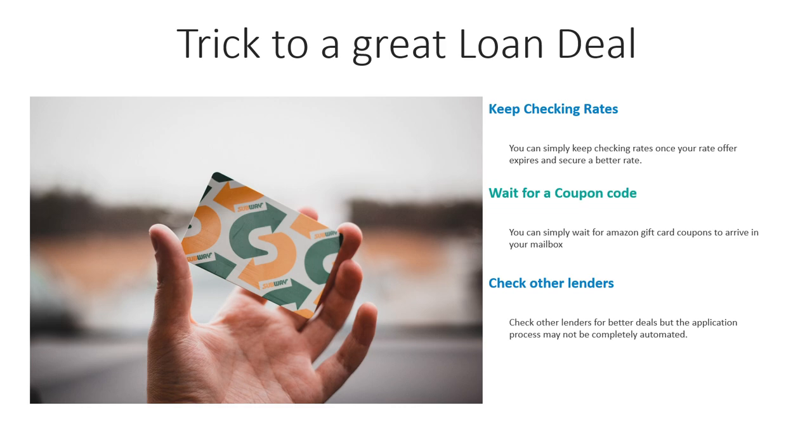The second is to wait for a coupon code. So if you apply for a loan and you don't go through the whole process of finalizing the loan, and you wait for a couple of weeks, they may send you a coupon code over email, like an Amazon gift card or something, which can help in reducing your overall loan cost.